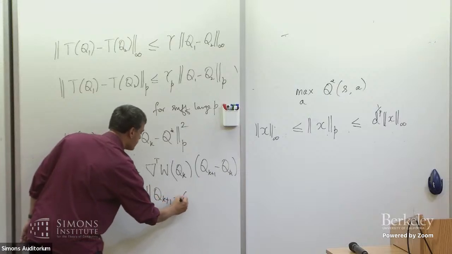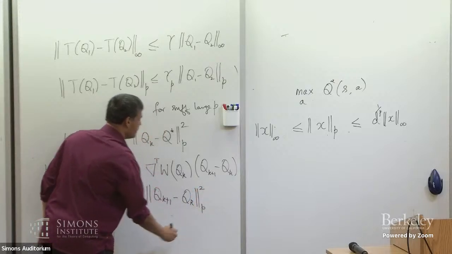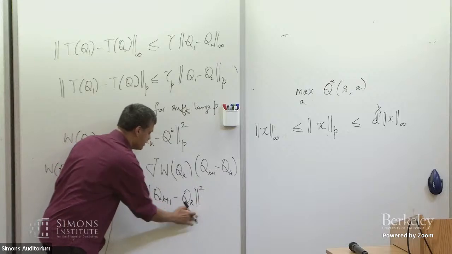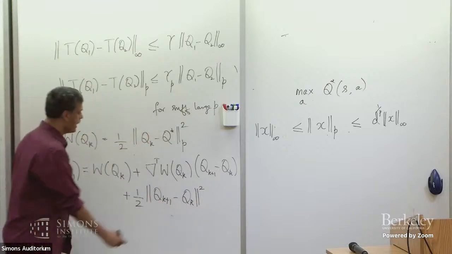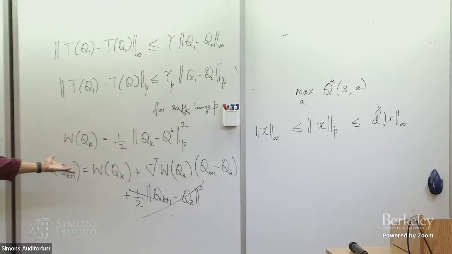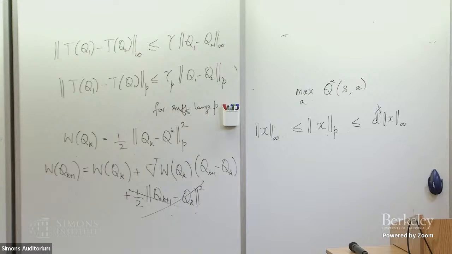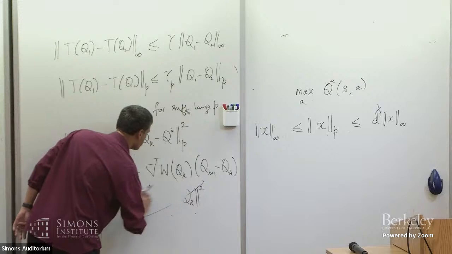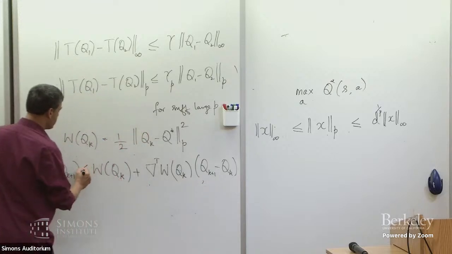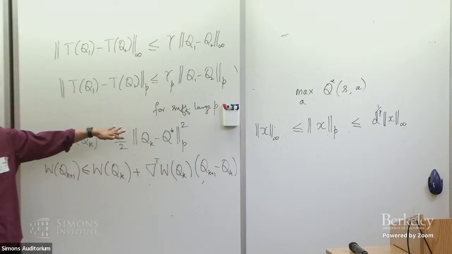So this morning we did this, but I can't do this anymore because this is not a quadratic. So when I take the second derivative, the Hessian is no longer the identity, right? So you need some other trick. This is a well-known trick to optimization theorists. It turns out half of the P norm squared has something called the P minus 1 smoothness property.